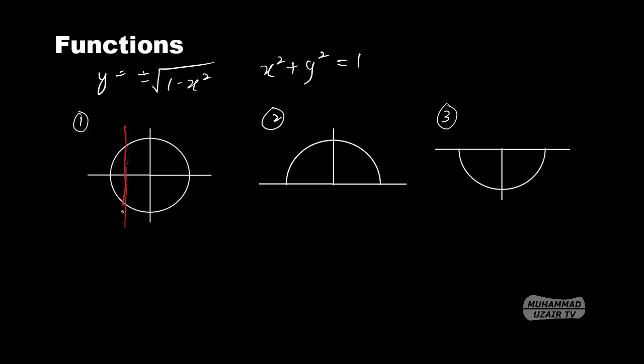By drawing vertical lines on the first graph, we can see that each vertical line touches at 2 points. So this is not a graph of a function. So a full circle is not a function.